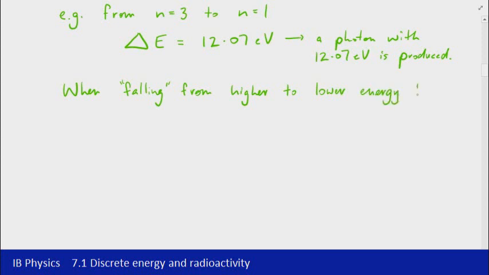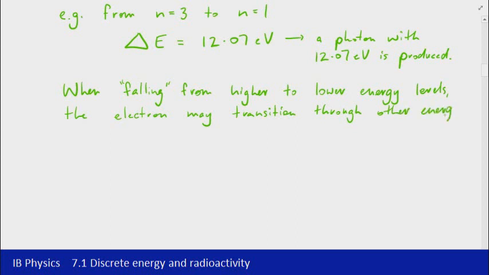So when falling from higher to lower energy levels, the electron may transition through other energy levels. And as it does so, that means that there are going to be other photons emitted as well.